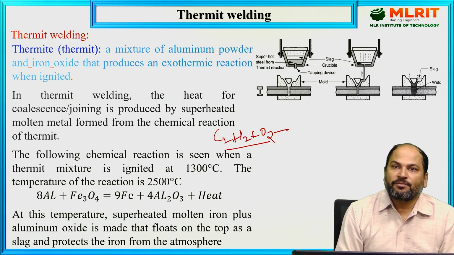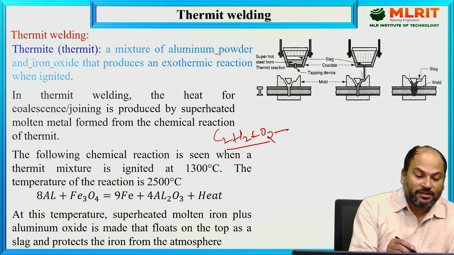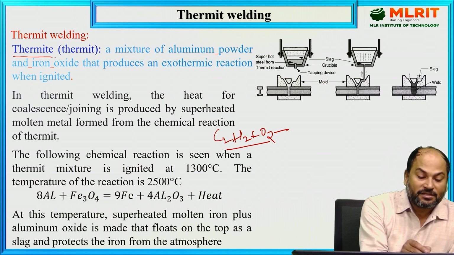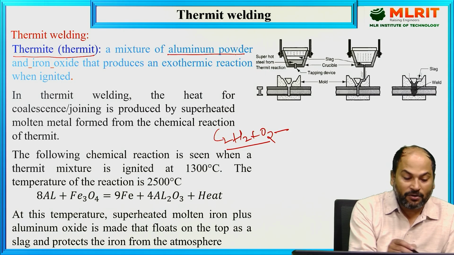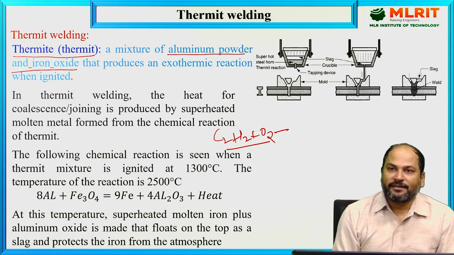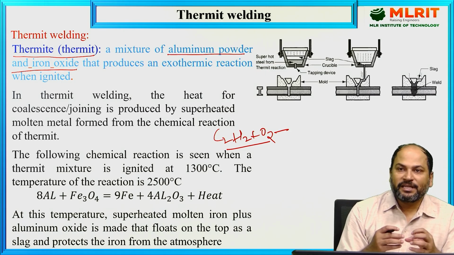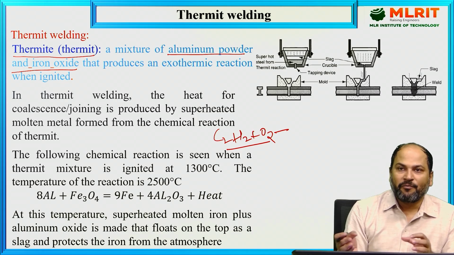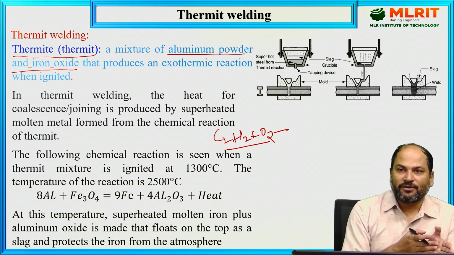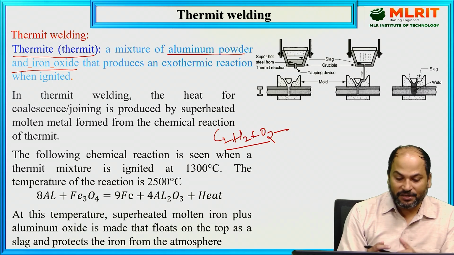Here also there will be a reaction of the thermite. It is actually a mixture of aluminum powder and iron oxide. These two will react and heat will be produced. That heat is used to melt the material wherever we want to do the welding, and then we complete the welding.